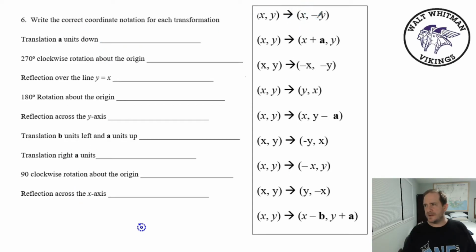If you see x, -y, you can always be drawing these out. You just pick a point. Like, pick a point that goes out like 10 and it only goes up 3 or something. Imagine if this was 10, 3. Then using this rule, wouldn't our new point just be 10, -3? And 10, -3 would be over 10 down 3. That to me is feeling a lot like a reflection over the axis, right?